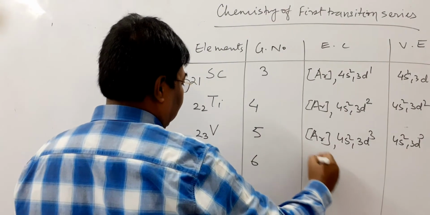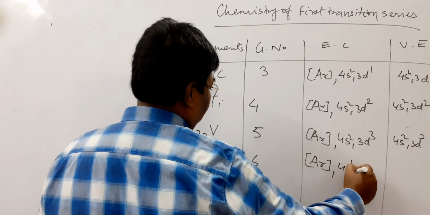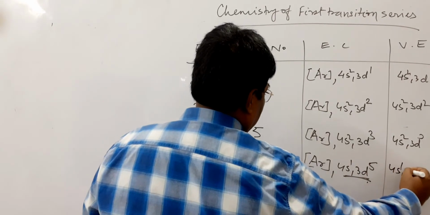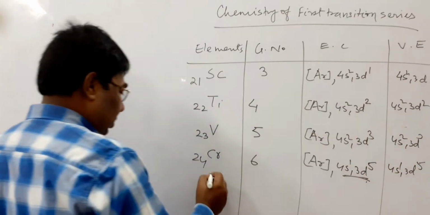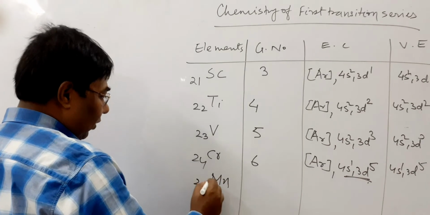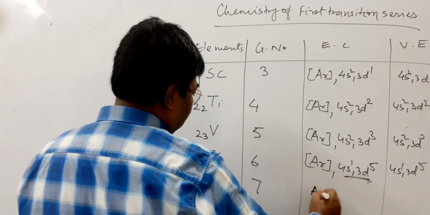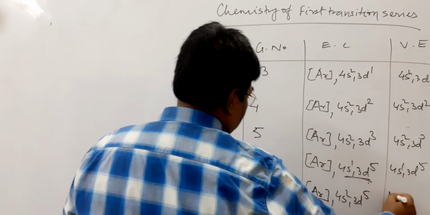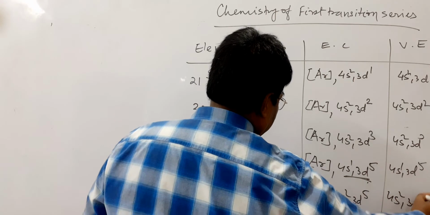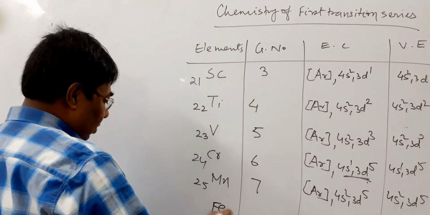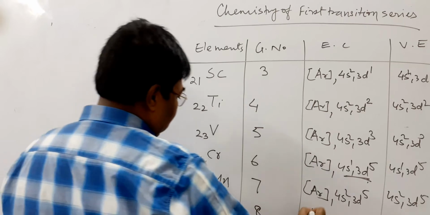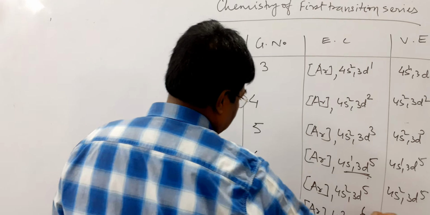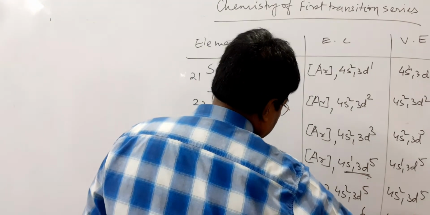Next chromium 24, group 6. Here is a slight change in the configuration for stability, 4s1 3d5. Next manganese 25, group number 7, argon 4s2 3d5. Next iron 26, group number 8, argon 4s2 3d6.